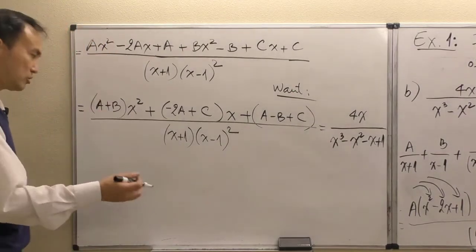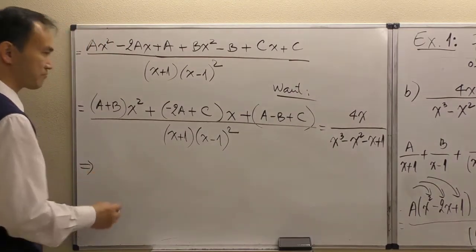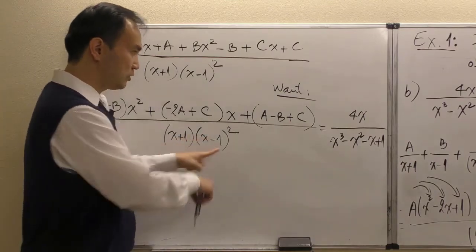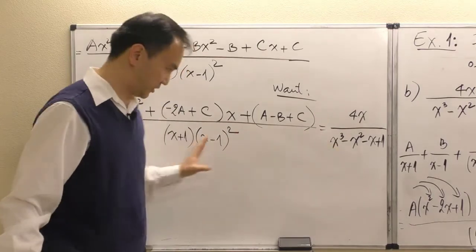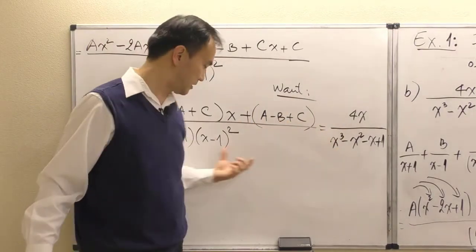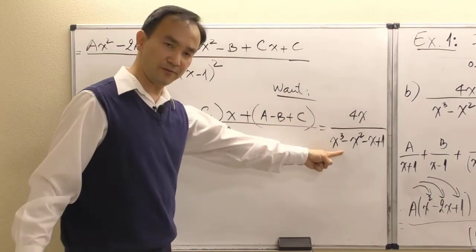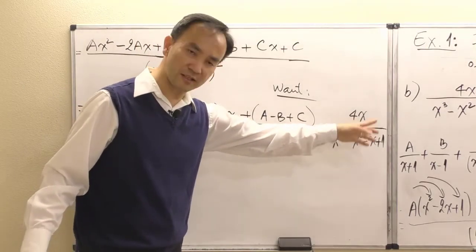And so that ultimately leads us down to, you see, these two denominators, even though in written form they look a little bit different, they are exactly the same, because this is just the factored product of x cubed minus x squared minus x plus 1.